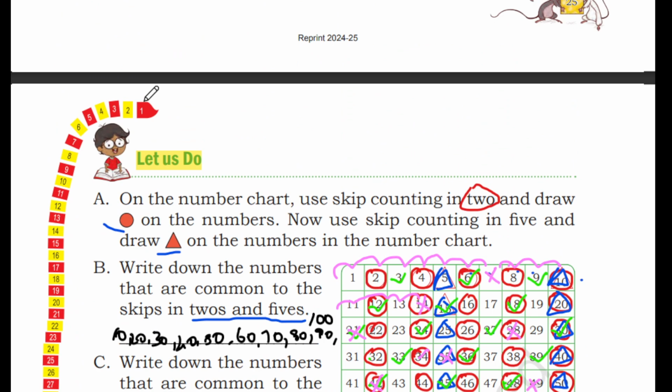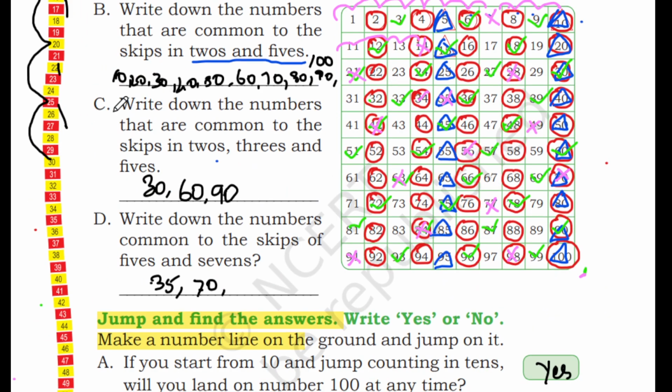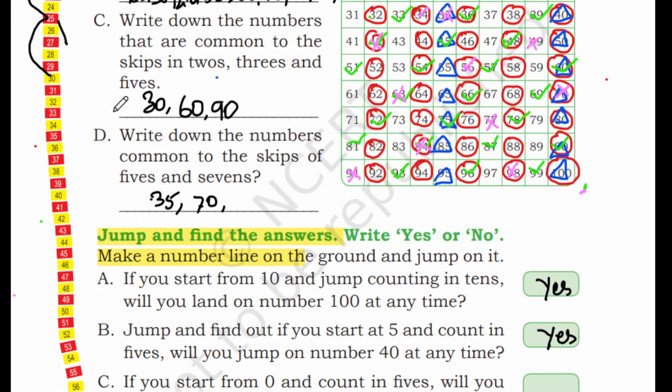So here, if you jump, so 5, 10, 15, 20, 25, 30. In all these between, we have 5 numbers, right? So we have to count in 5.